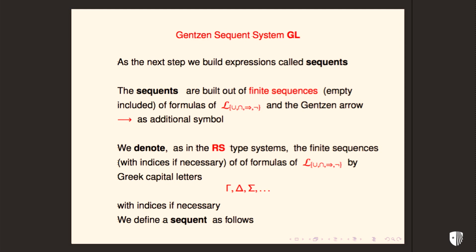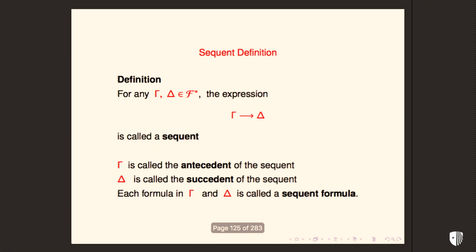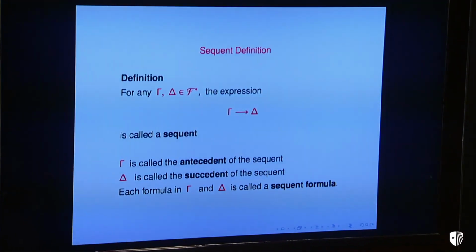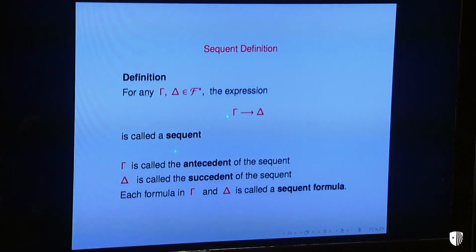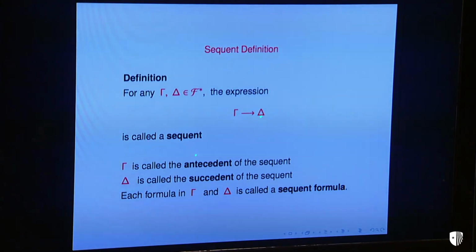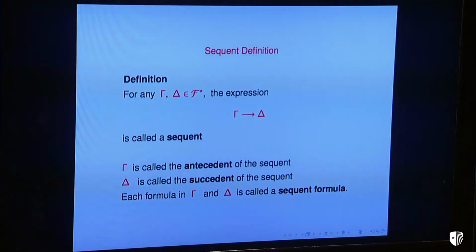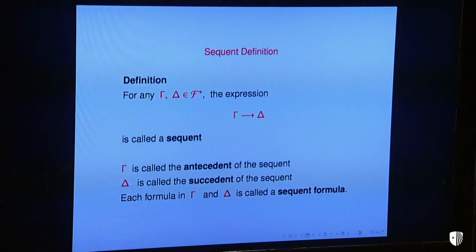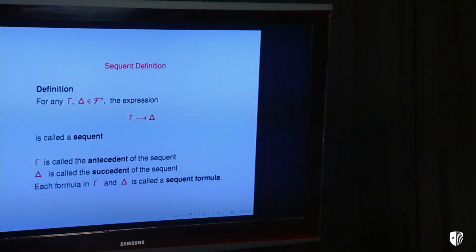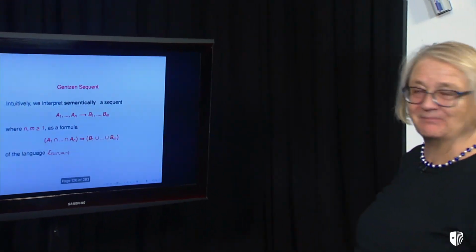And of course, we write finite sequences gamma, delta, sigma, as we did before, of formulas of L. And now a sequent is such an expression in our new language: a finite sequence, arrow, and a finite sequence, the antecedent and succedent of the sequent, often called the left side and the right side of the sequent, just to make it simpler.